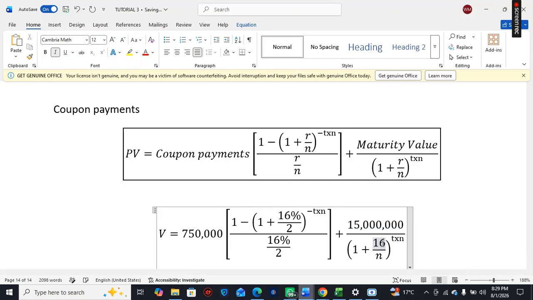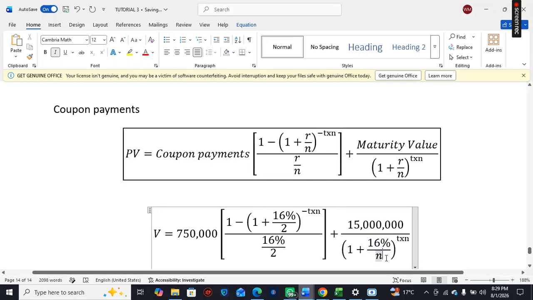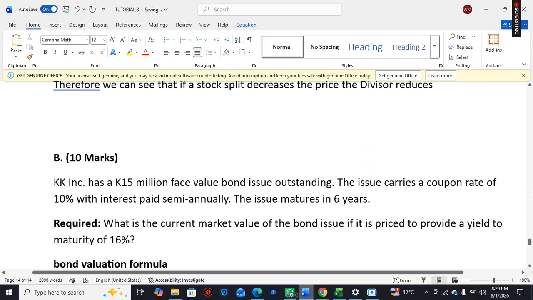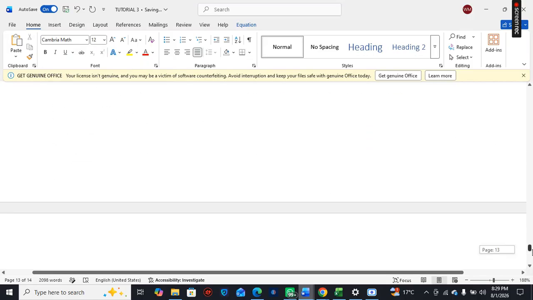Yield to maturity. So never use the interest rate here or the coupon rate when you're doing this. The time this bond has, how many years to maturity? 6 years.